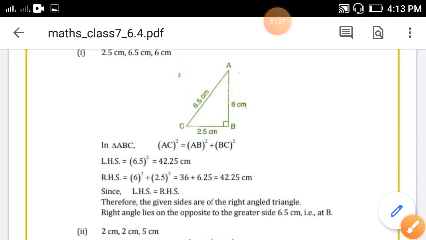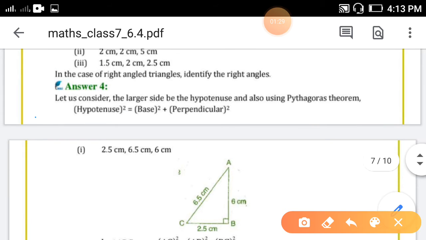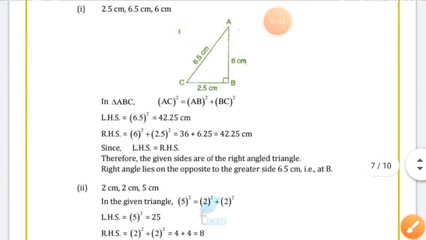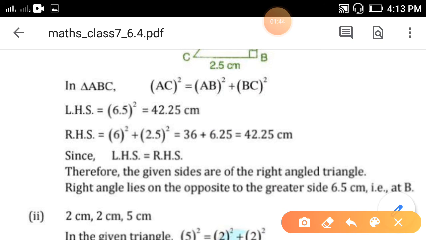What is the Pythagoras theorem? You need to remember, hypotenuse square is equal to base square plus perpendicular square. In short, hypotenuse square is equal to the sum of squares of the other two sides. So which is the greater side? 6.5 square.